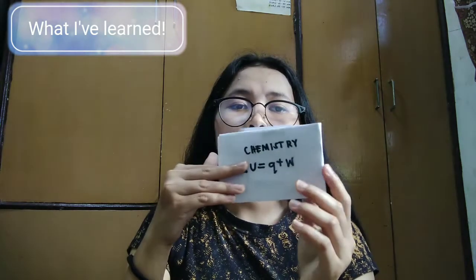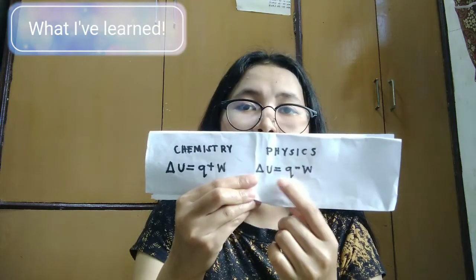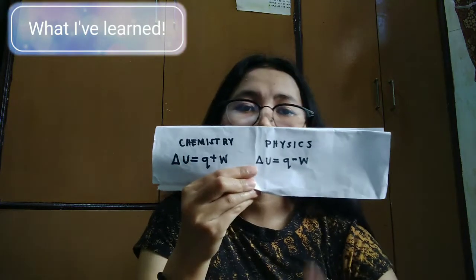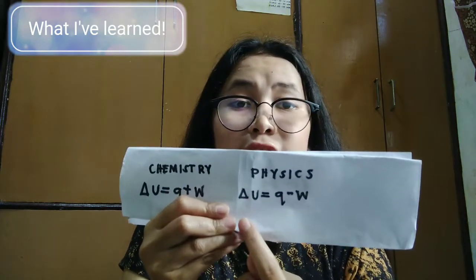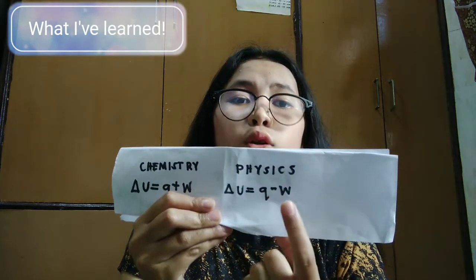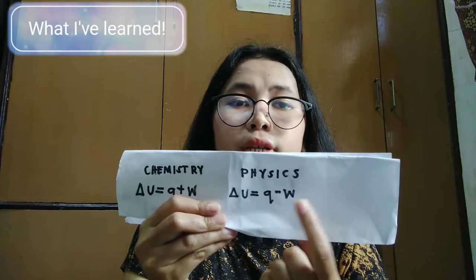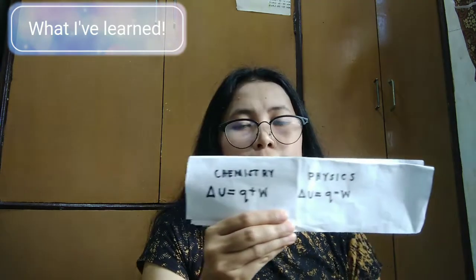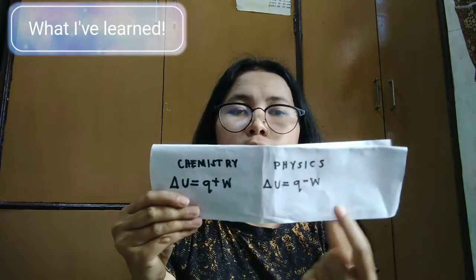In physics, the equation is a bit different from chemistry. As you can see, delta U is equal to Q minus W. Here are the equations of chemistry and physics.